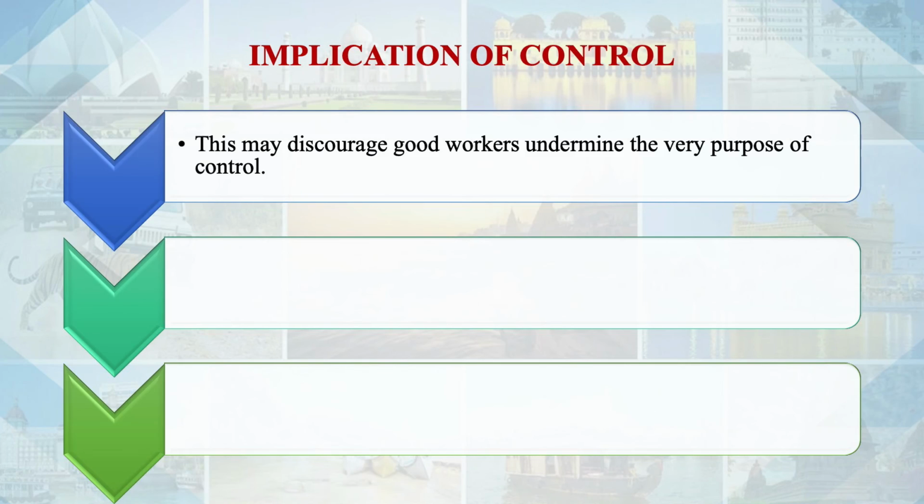Another important point is that the standards should be realistic. As we said, they should be achievable. If you do not provide adequate resources and authority, but only put responsibility on the individual, the probability of such falsification becomes very high. So this may discourage good workers and undermine the very purpose of control.